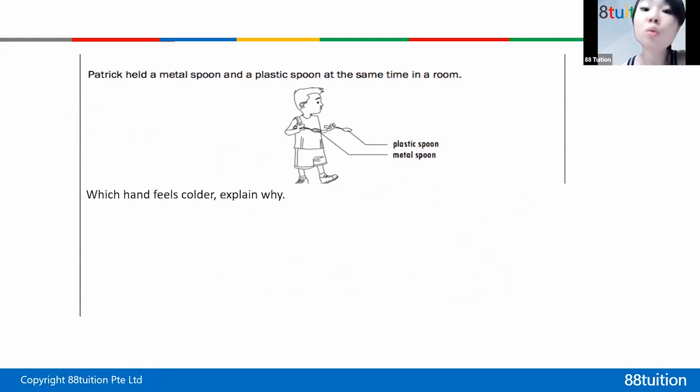Patrick is holding 2 spoons, 1 metal spoon and 1 plastic spoon. Which hand feels cooler? Explain why. All right, so this is very similar to the question earlier. Same person, same hand, 2 different materials. Which hand feels colder? Why? I want your answers in the chat group 7:45 latest. I want to see 9 answers, yeah?